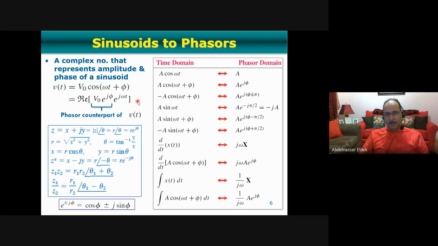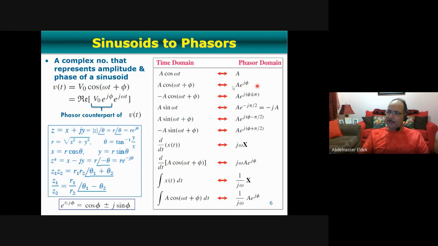Very simple. So you see here you have, for example, a cosine omega t. Then you convert it to phasor. You just take the amplitude and the phase. There is no phase here, so it's 0. Here, a cosine omega t plus phi, then it will be A and angle phi. Some people write it like this, of course. I personally prefer to write it A and angle phi.